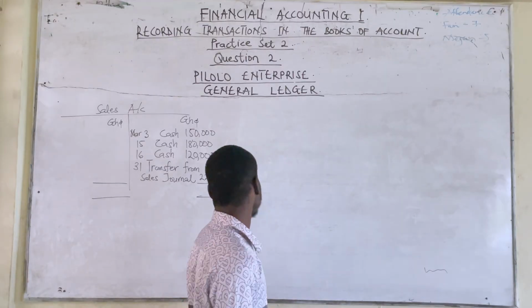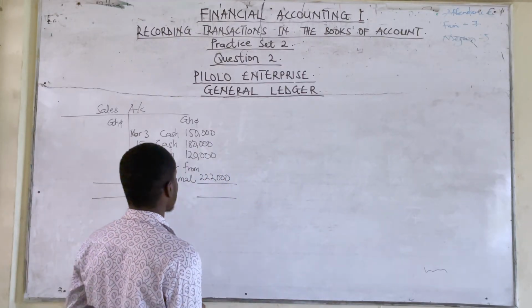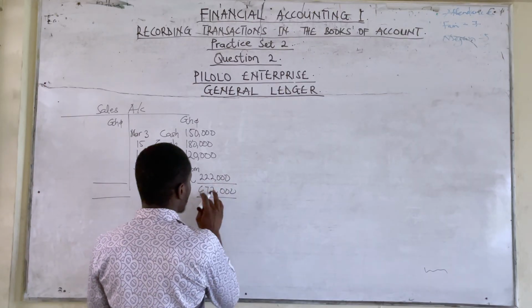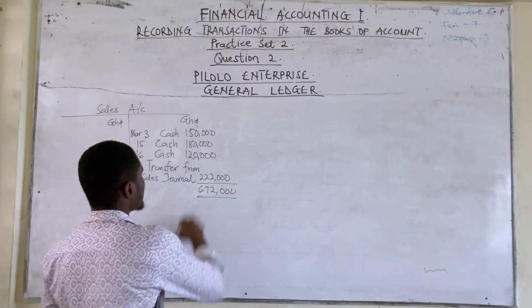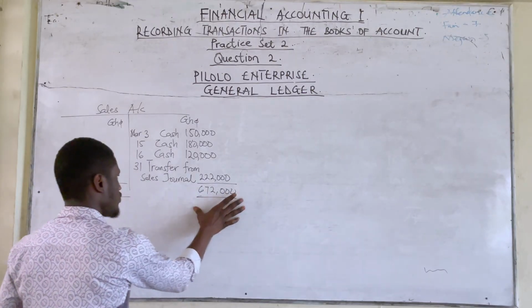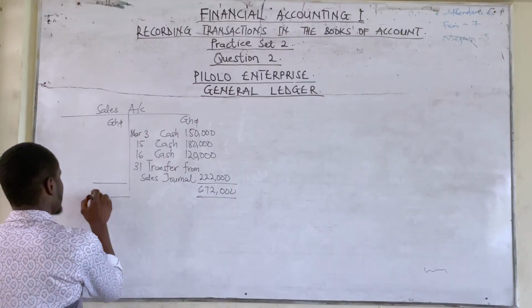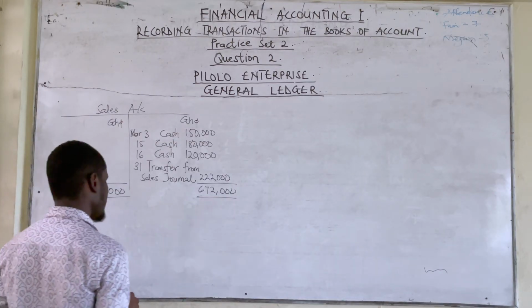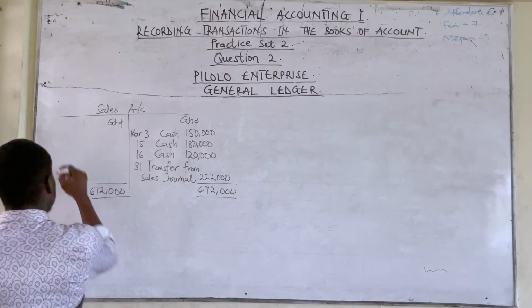So the total for the sales is going to be 672,000. Okay, so we'll add all these, and that's going to be our total. The biggest side will be recorded at both sides. Now we want to find our balance BD or balance CD.